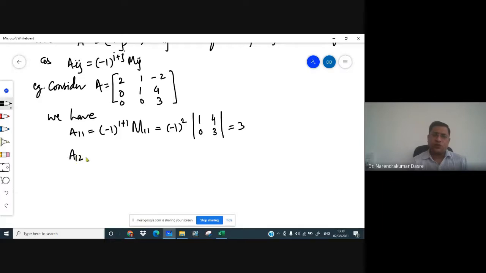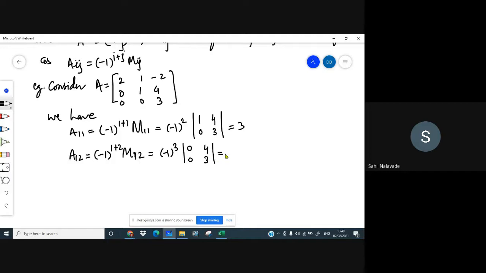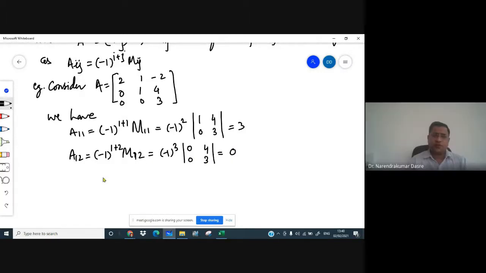Then A12 is minus 1 raised to 1 plus 2 into M12, so minus 1 cubed. Here you have to delete the first row and second column. So it is the determinant of 0, 4, 0, 3, which is 0.